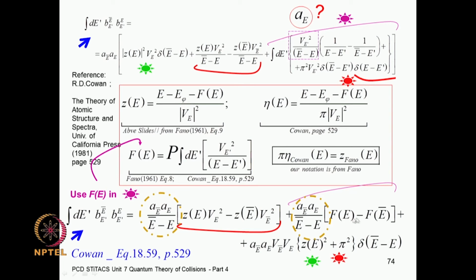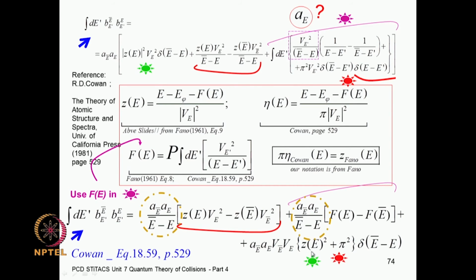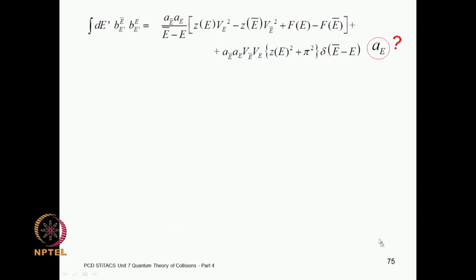So, these are the 4 terms which will be in the second factor. This has been factored out, and this is the residual part which we had written here, which had z square plus pi square and the Dirac delta. So, here it is: you have a e bar a e, v e bar v e, z square plus pi square, the Dirac delta. So, we have all the terms.